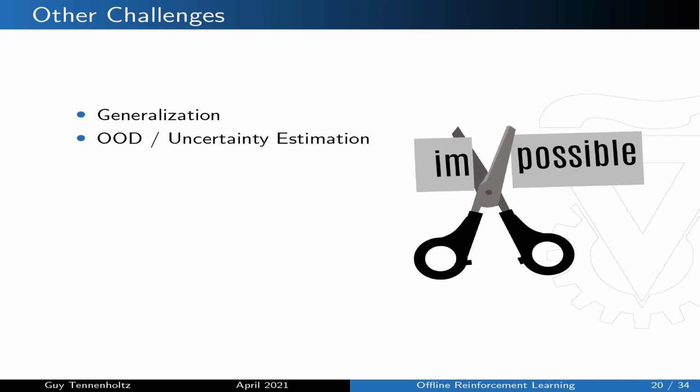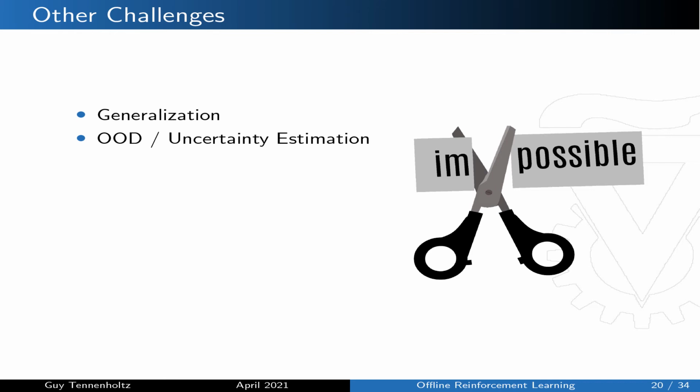So another challenge that we might have is estimating uncertainty for offline RL. Why would we need to estimate uncertainty? So we already saw for our pessimism, we had to bound this error in our Bellman operator. Where do we get such a bound?